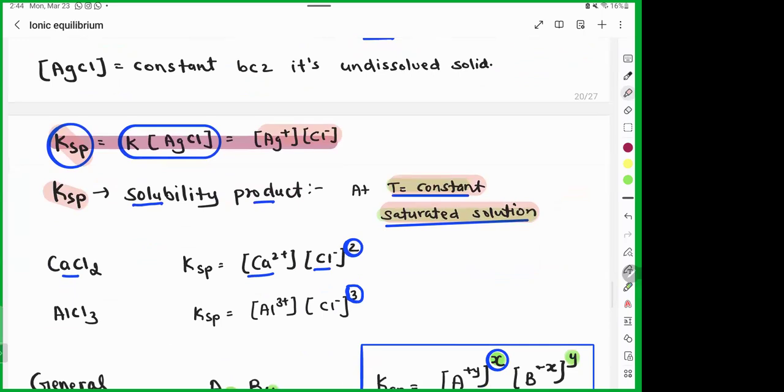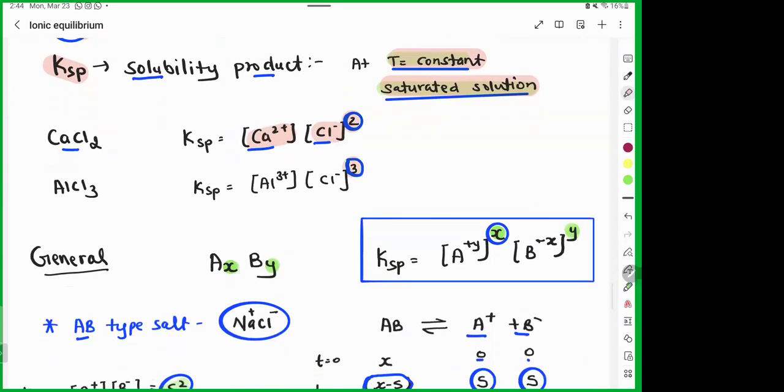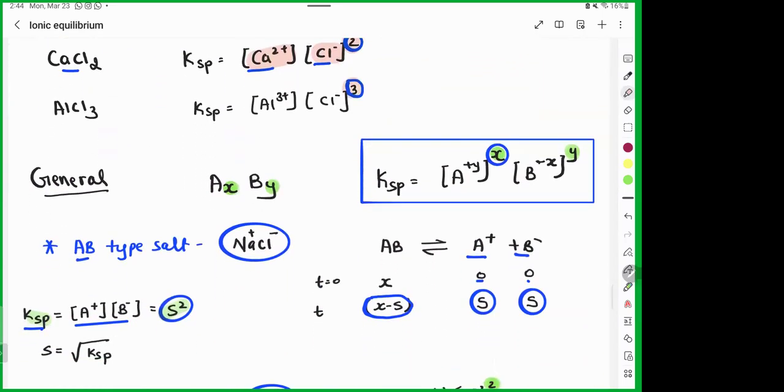For example, if you take calcium chloride, write your product calcium and chloride, because the chlorine number is 2, that's why it is in power. Aluminum number 3, that's why in power. NaCl: if you want to write Ksp, Na positive and Cl negative. Every salt has solubility S, so it will be equal to S squared.